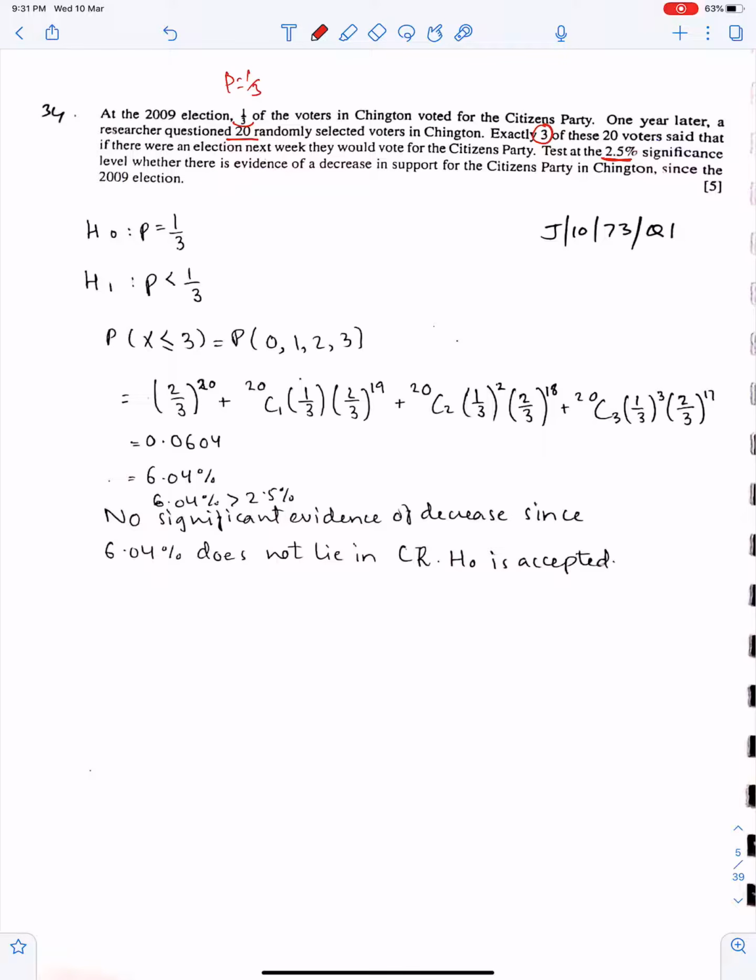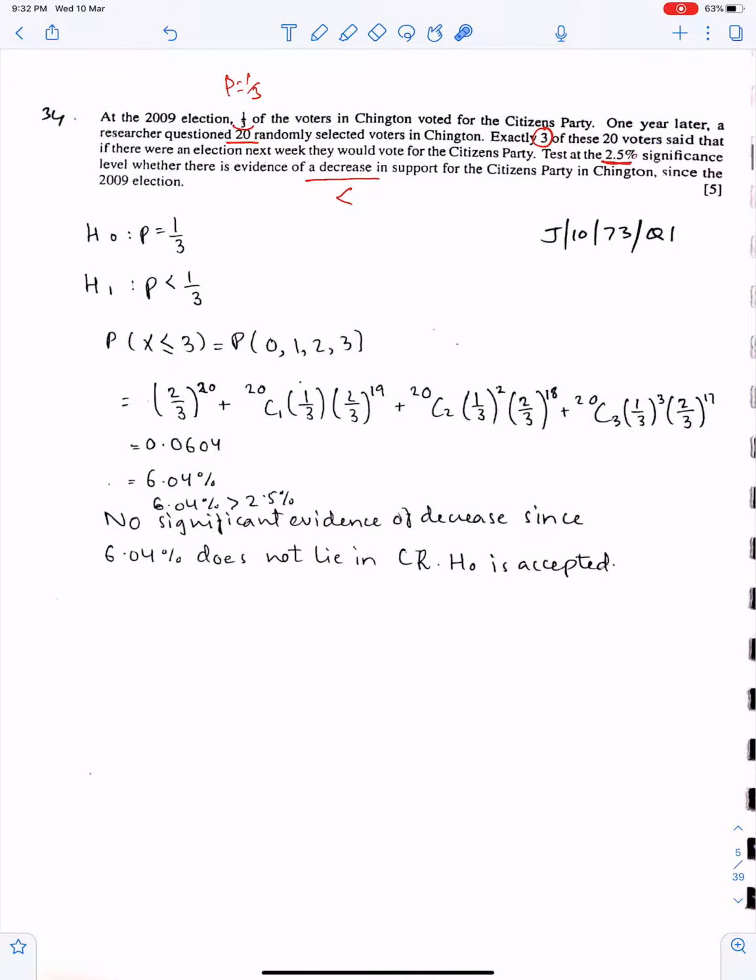Now this means H1 involves a lesser sign, support for the Citizen Party has decreased since the 2009 election. So this means lesser sign because of decrease. So the lesser sign should be here. Now we have to perform the lower tail test.